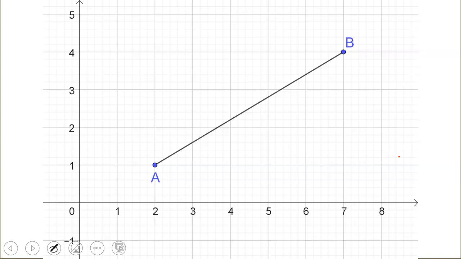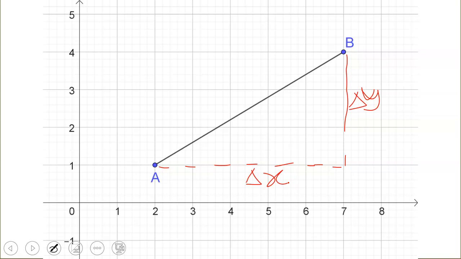We can do this by first looking at the horizontal distance and the vertical distance, and then we use it to calculate our slope. So we normally say change in y over change in x will give us the slope.